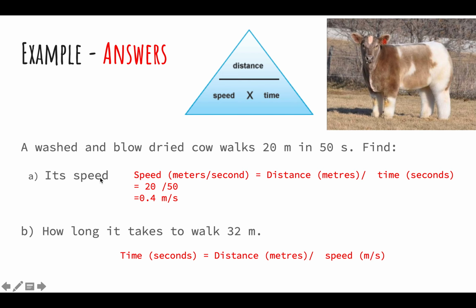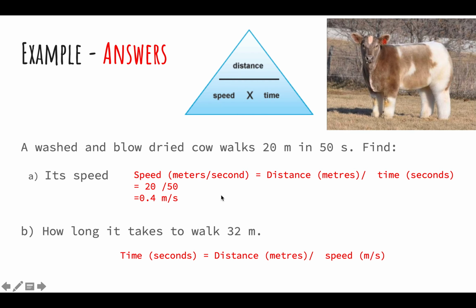As said previously, say this is the maximum speed of a cow, say its speed is 0.4 meters per second. How long would it take to walk 32 meters? So this is asking us for the time. Time in seconds is equal to the distance divided by the speed.